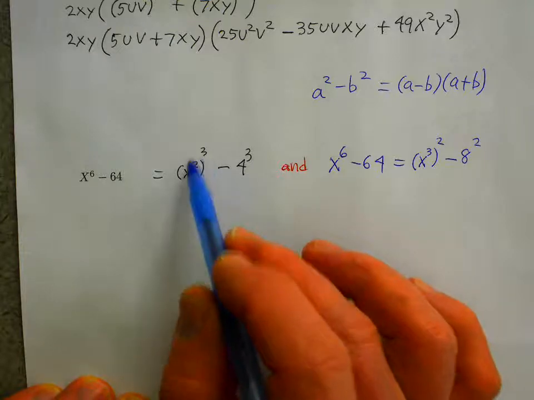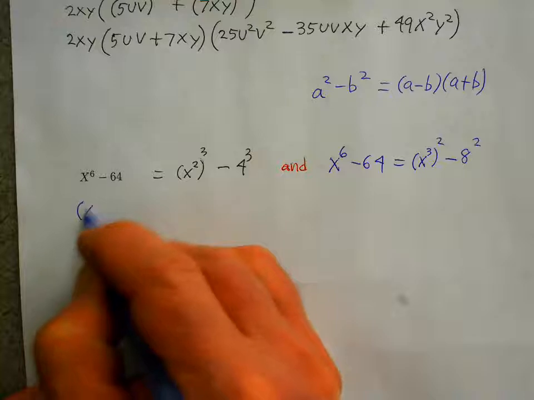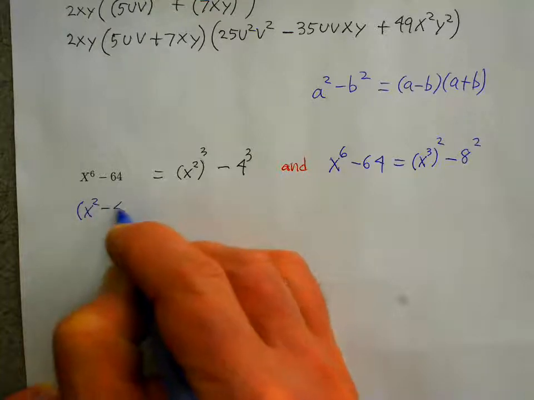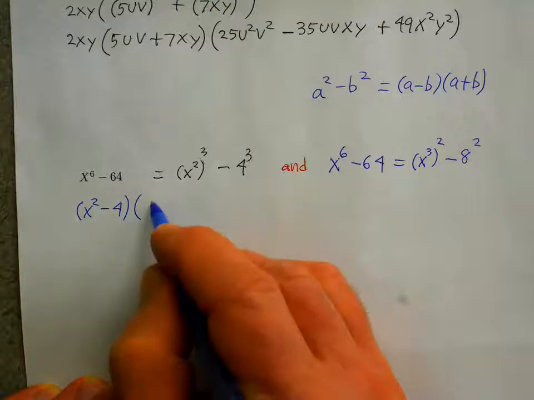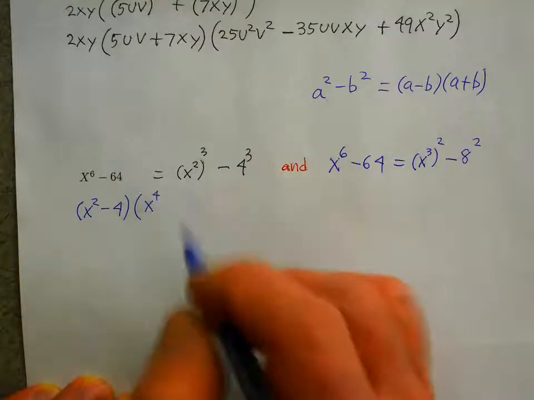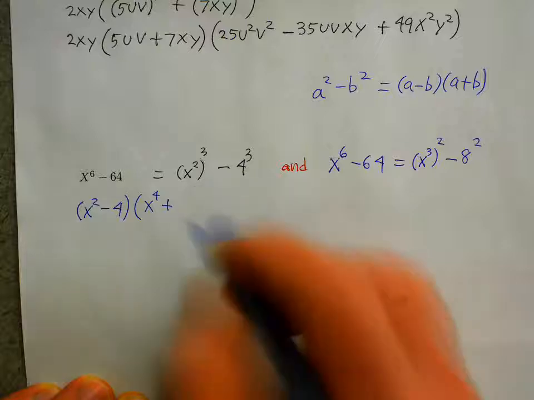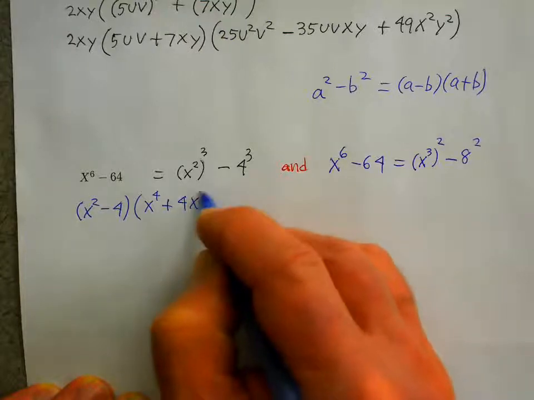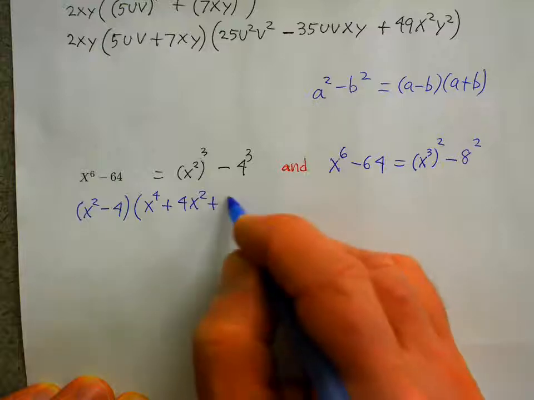So our first term will be x to the second minus 4. And then in the trinomial, we're squaring x to the second, so we get x to the fourth. Then we're adding 4x to the second. And then we're adding 16.